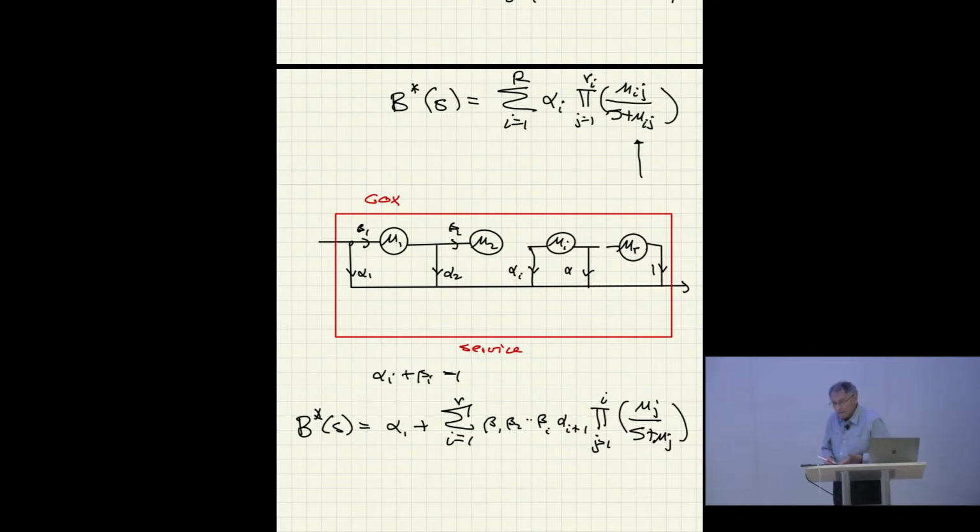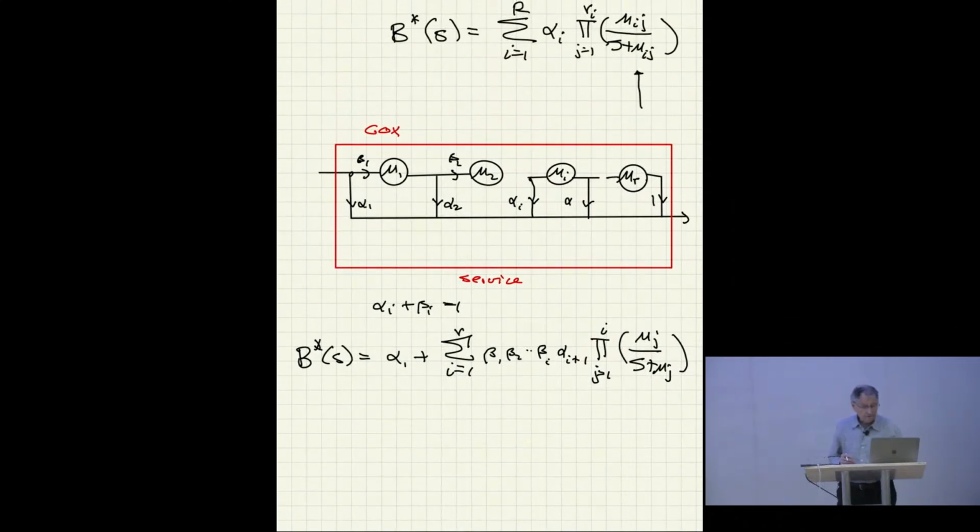That's not hard. But now you've got to write down the balance equations. You've got to draw the state diagram. It's not too complicated, but again, it's a set of linear difference equations. All of these B stars that I wrote down are rational functions of S. Namely, ratios of polynomials to polynomials.